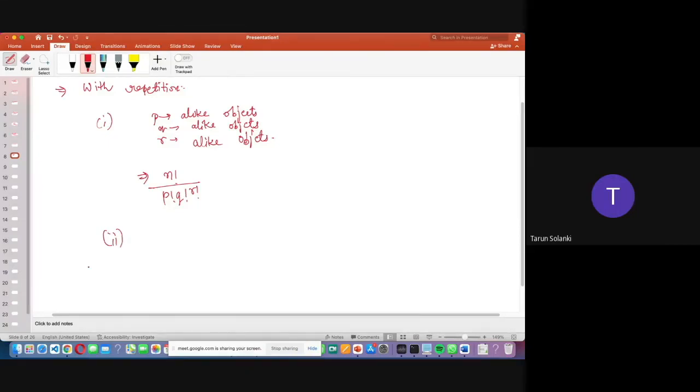Similarly, the second one: the number of permutations of n different things taken r at a time, when each may be repeated any number of times, is n to the power r.